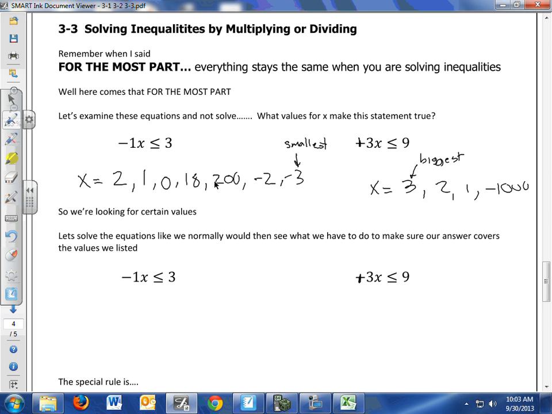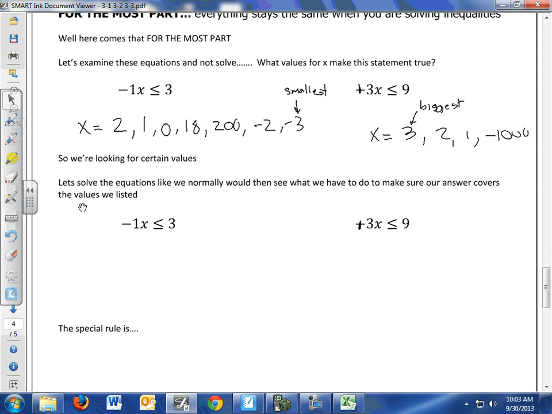Those all would work, right? All right, so we're looking for these values when we solve. Let's see, if I solve this like I normally would, what would I do? Divide by -1, right, Mr. Jacoby? -1 is bothering my x. To get rid of it, I'd divide, right? We would get x, and this would be -3, right?